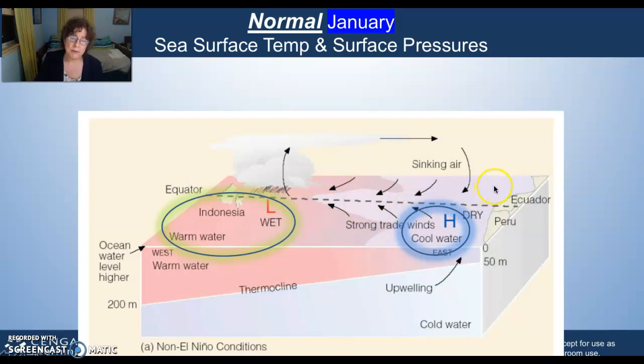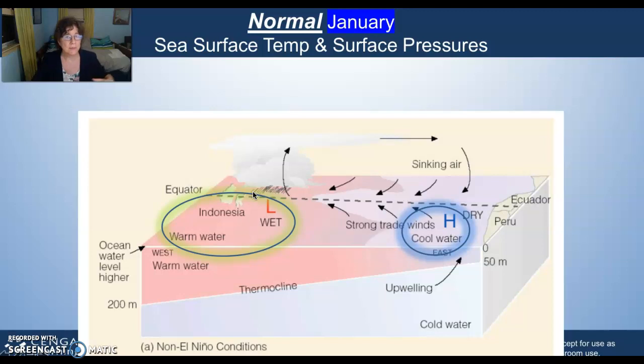You might note that this water can be cooler, but remember, it's right along the equator, so it is warming. And we are in January at the southern summer, so it's warming quite a bit. So warm water is heading to the Pacific, which is causing warmth over the Western Pacific.